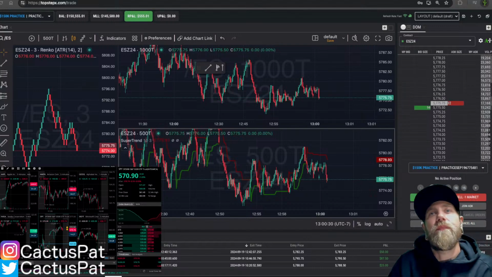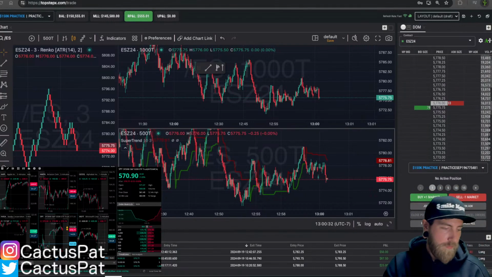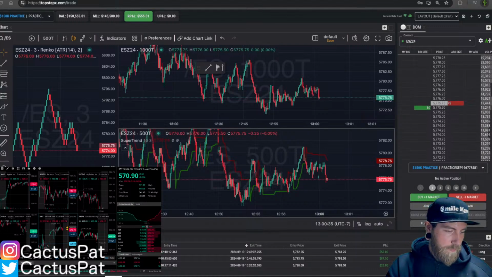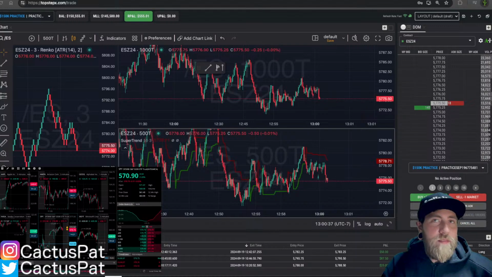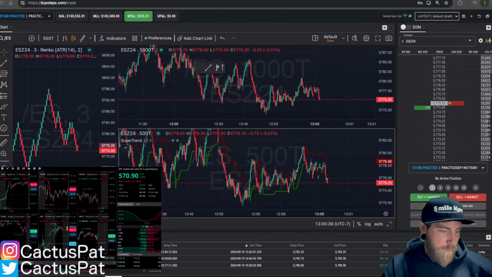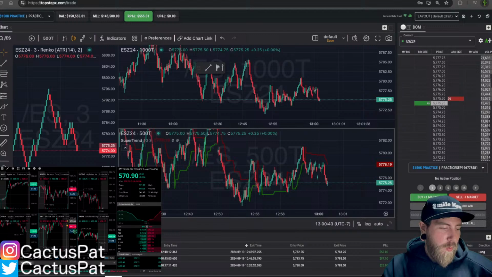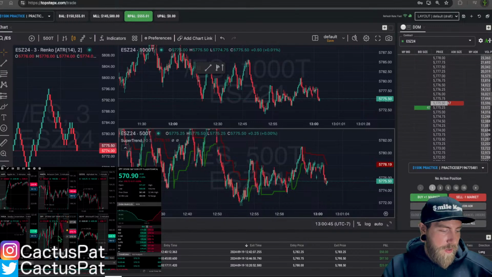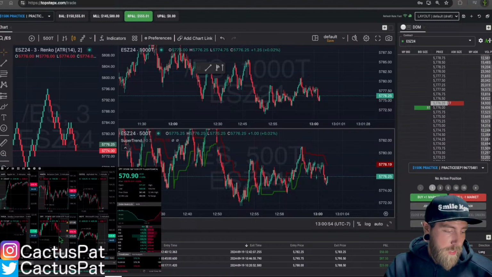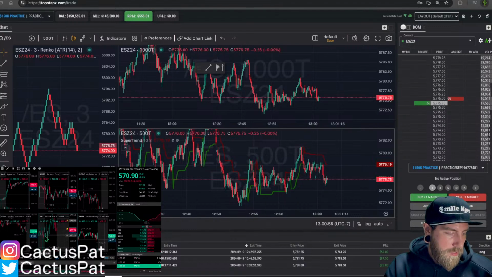Breaking down. SPY at 571. I would watch for support on SPY, 570, 570.50, in that range. Kind of where we just bounced around, honestly.